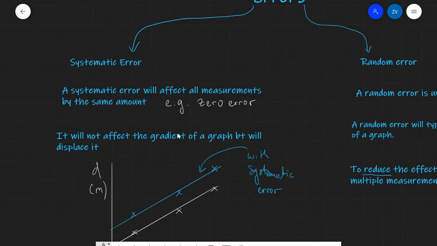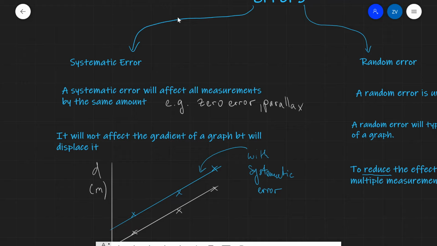Or if I was to take a measurement with a ruler, not from right the end of the ruler, but from a few millimeters in, then I would have all of my measurements being off by a few millimeters. You could also have something like a parallax error, where you're not looking at a measurement at eye level.